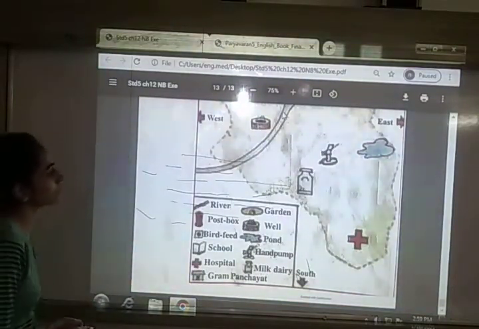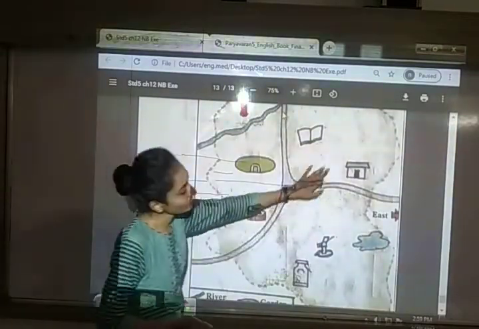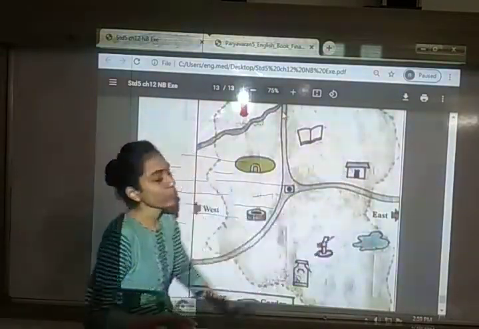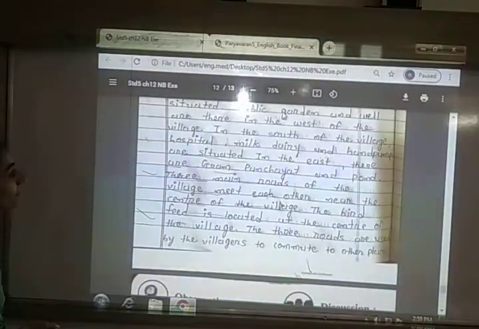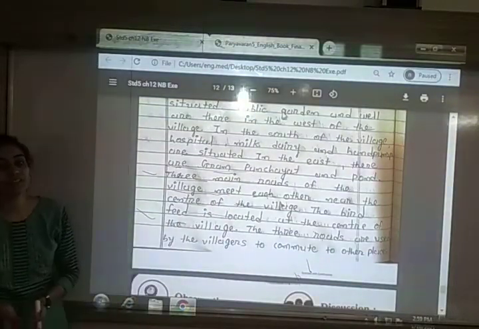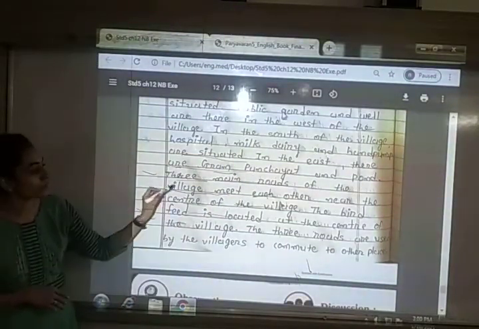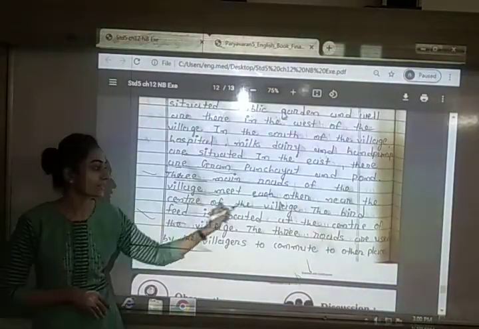And the last one is the east direction. Here you can see that in the east direction the Gram Panchayat and port are located. So the next line will be that in the east there are Gram Panchayat and port. Then we had seen in the previous question that 3 main roads of the village meet near the center of the village.